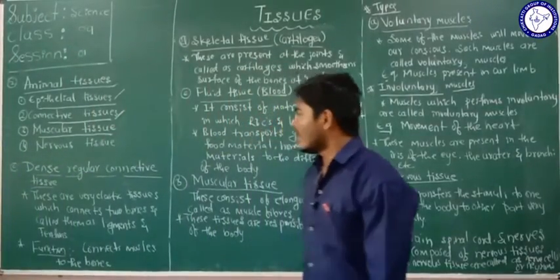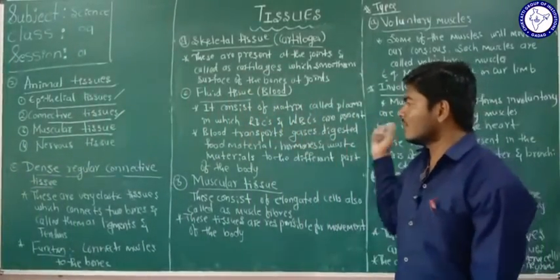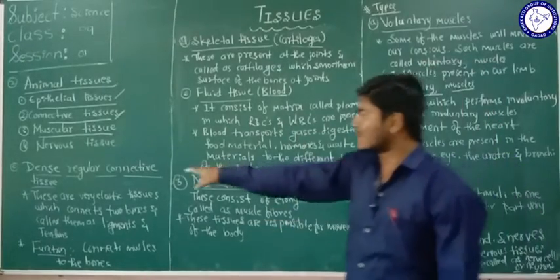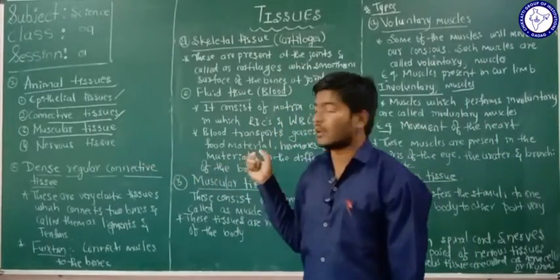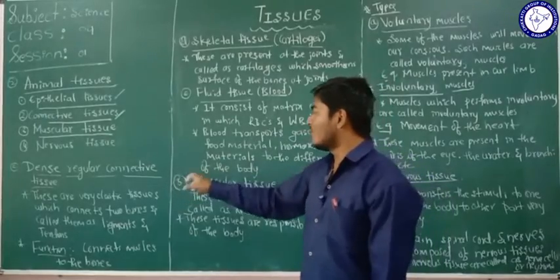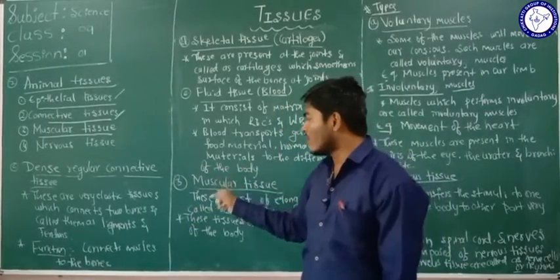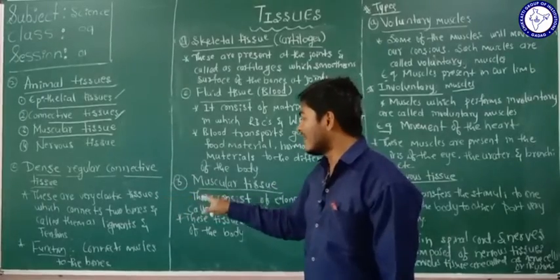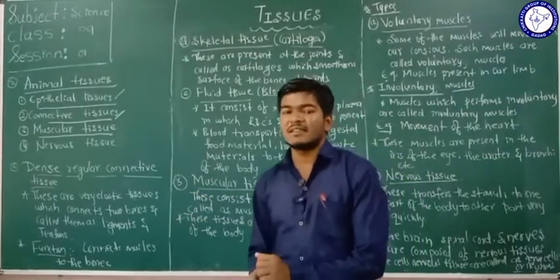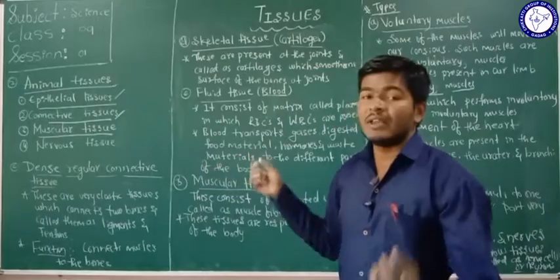Now I am going to explain another type of connective tissue, that is the dense regular connective tissue. These are very elastic tissues which connect the two bones and are called ligaments or tendons. See here, these are very important tissues.